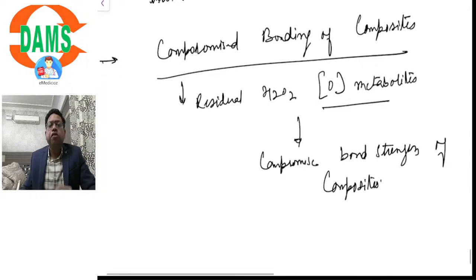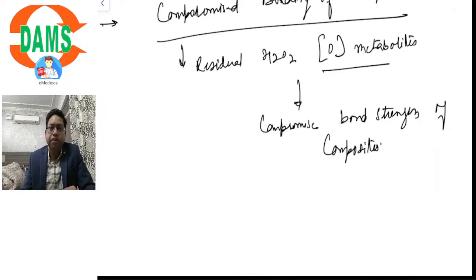So, bonding of composites to bleached enamel and dentine is a challenge because of the residual active oxygen species which are present in the tooth structure after the bleaching treatment. The bonding is not successful because they break the carbon-carbon bonds and prevent successful bonding.